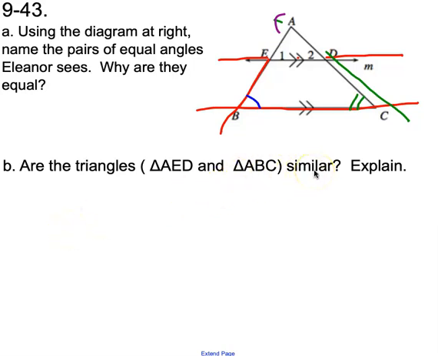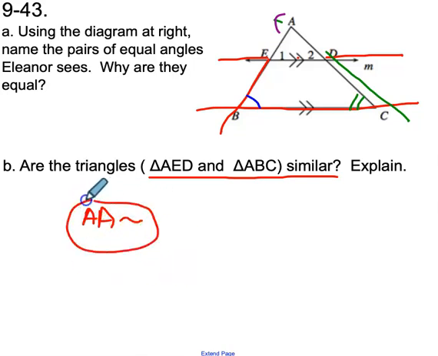Triangle AED and triangle ABC are similar because of, and this is what you write, so write down this part right here: triangle AED and triangle ABC are similar because of angle similarity. So we know they're similar because of this right here.